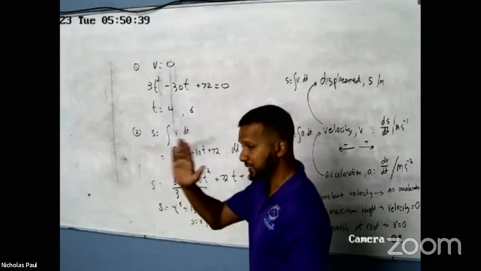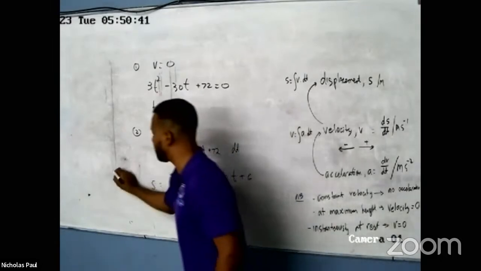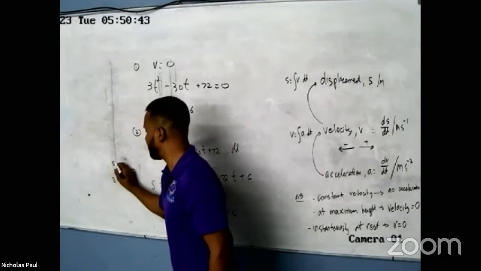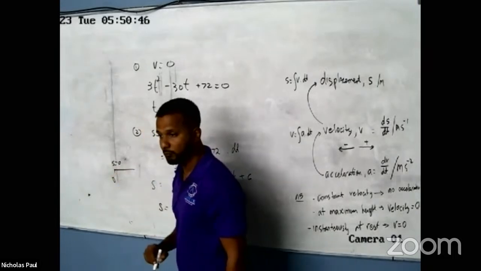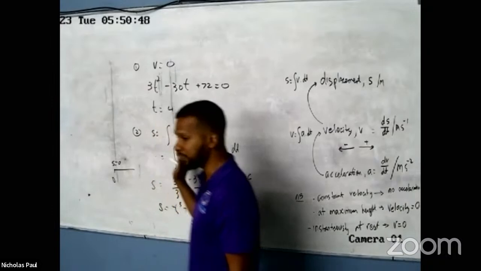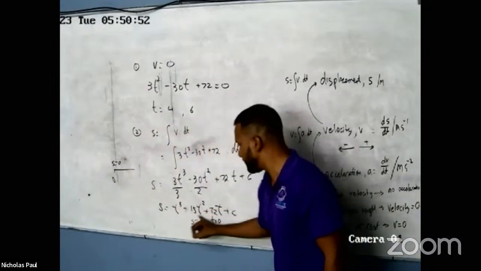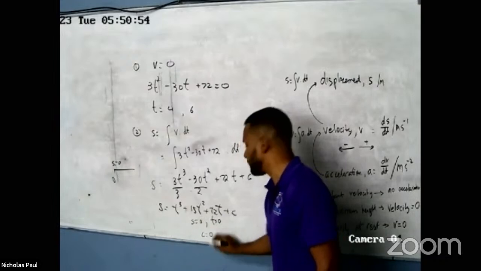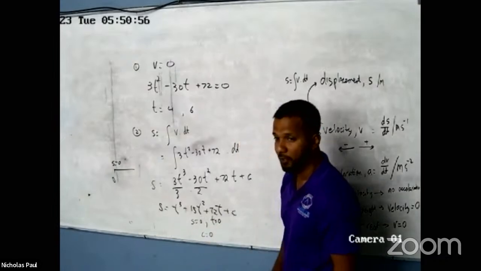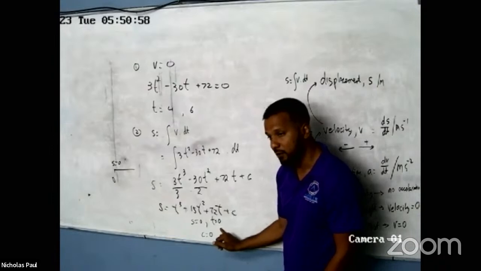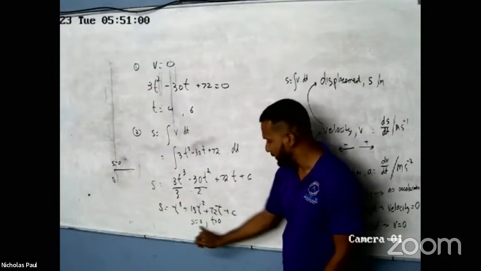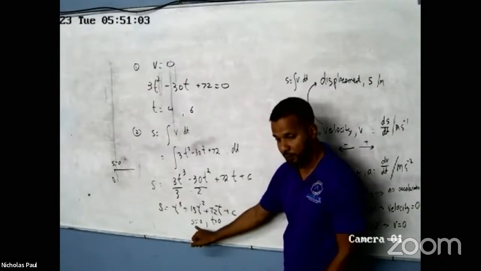If you start at a fixed point O, then the displacement is 0. So plug in 0, 0, and you'll also get c is 0. Somewhere in the question, it tells you when t is 0, what s is. You have to look for that.